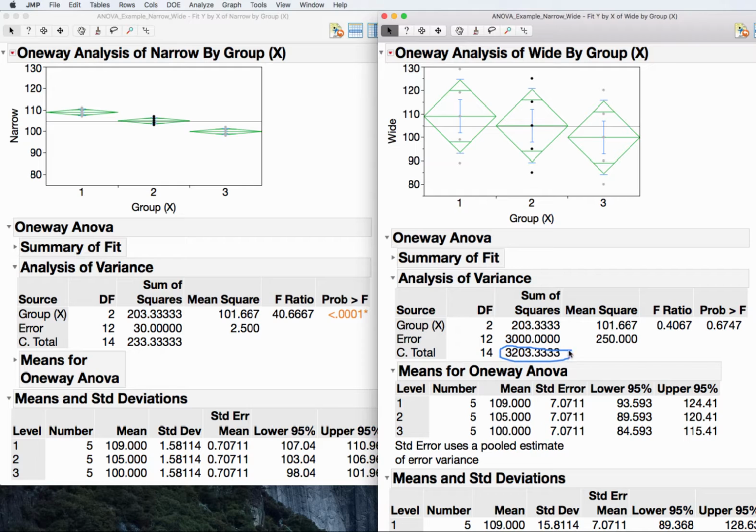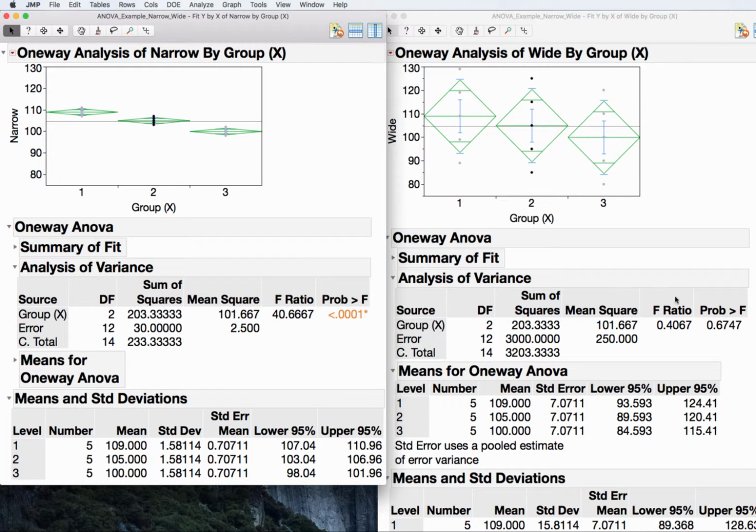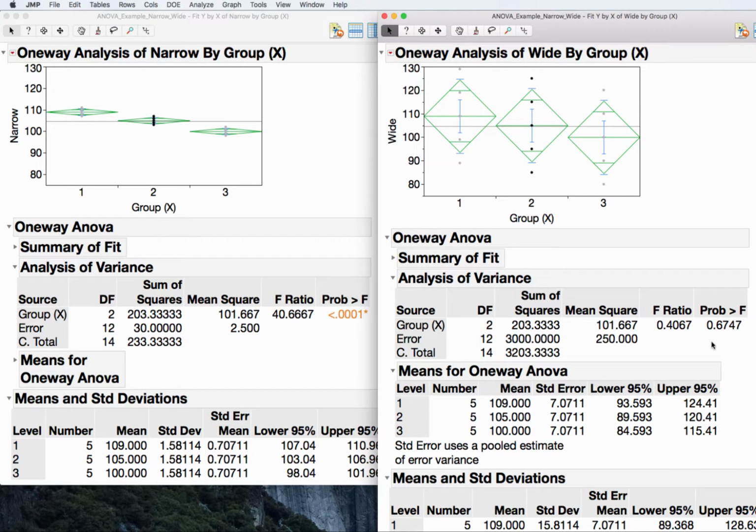The total sum of squares is different here because we have different observations. And our sum of squares error is much larger because we can see visually that we have much bigger variability here. So though we have the same set of means by group, we are getting two different results for a hypothesis test of equal means because one group has much larger variability.